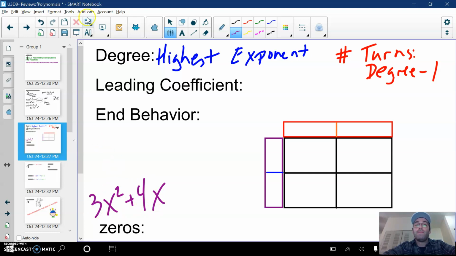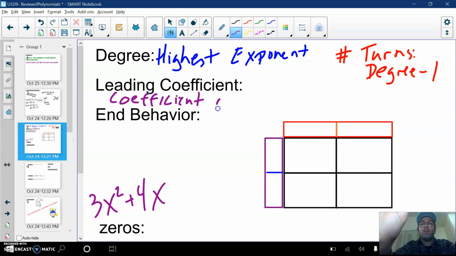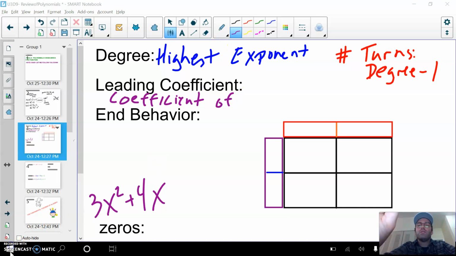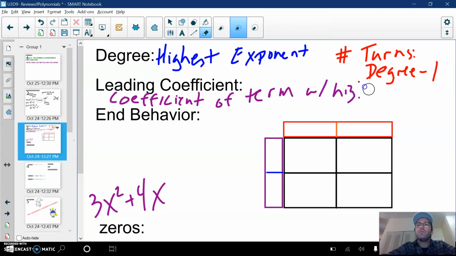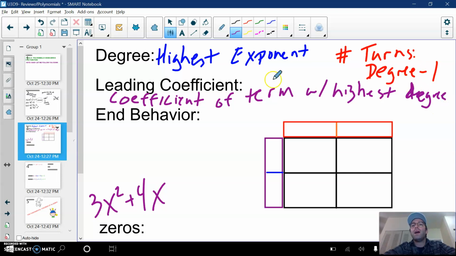The leading coefficient is the coefficient of the term with the highest degree. Let me erase that for you. Maybe I should start typing this out.